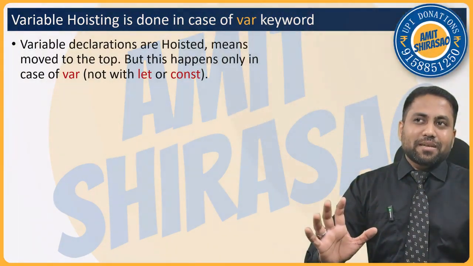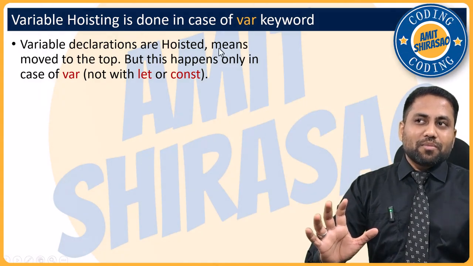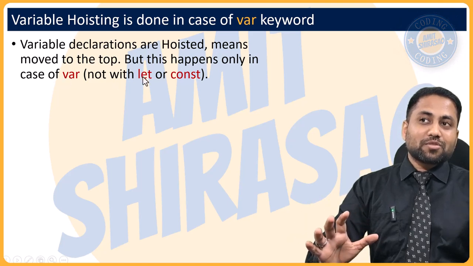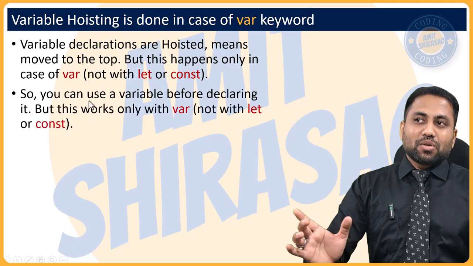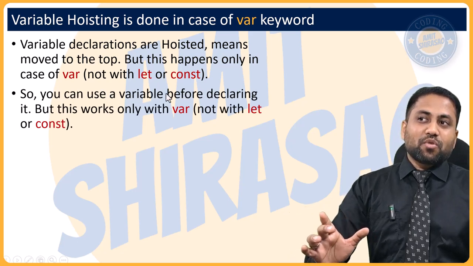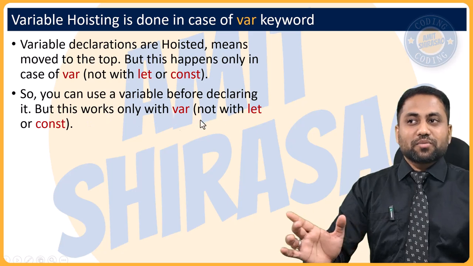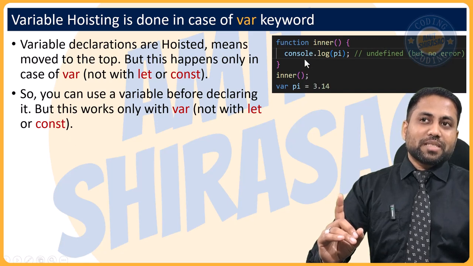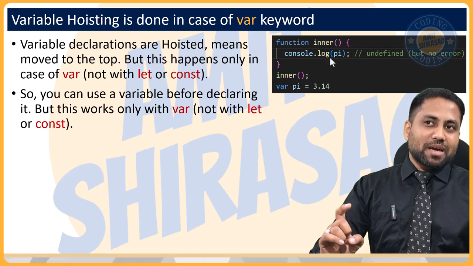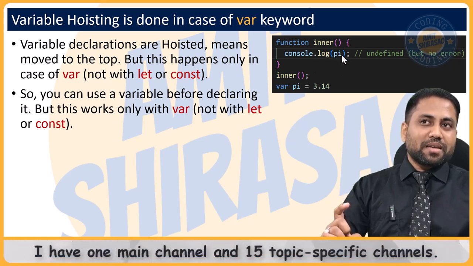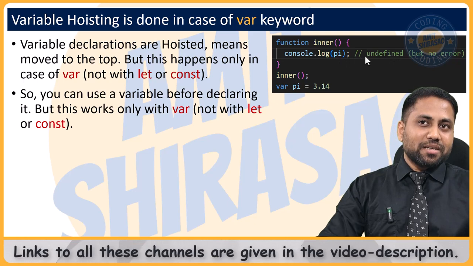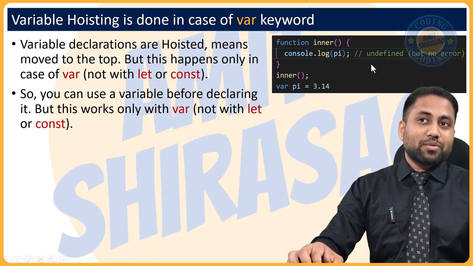Variables declared are hoisted, meaning moved to the top, but it happens only for the var keyword. It does not happen in the case of let and const keywords. So you can use a variable before declaring it, but it works only with var. For example, I'm using pi over here. I'm calling this inner function directly, and I can call that value and you will get undefined, but it won't throw an error. It won't say you did not declare it.